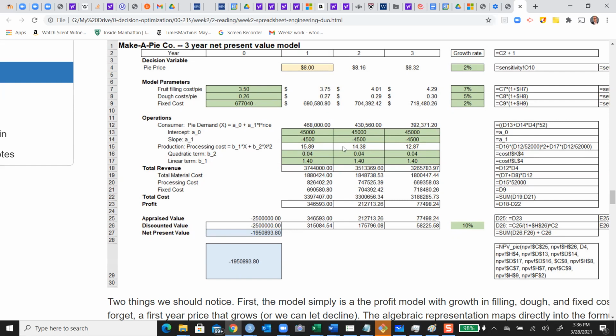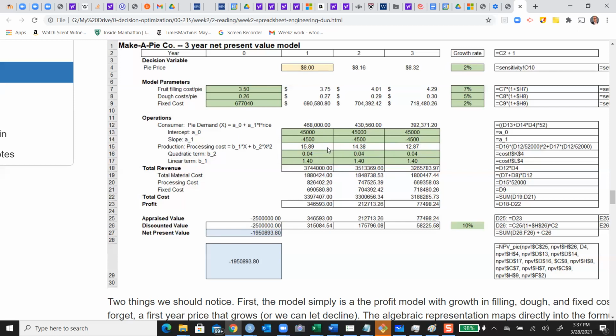Price, therefore, drives through 468,000 pies in a year. And that's not very many, by the way. It doesn't feed a lot of people. It's a small number in the world of today, at a cost of $15.89 a pie per year, per pie.